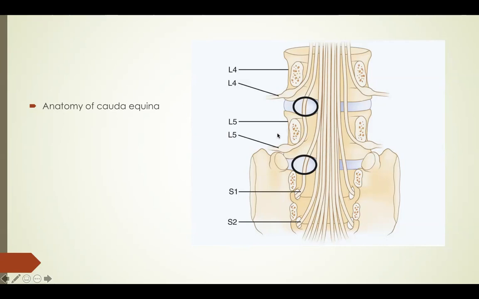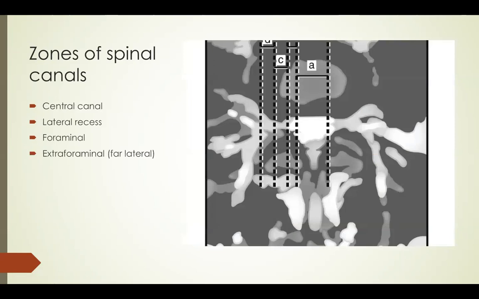And if you go outside the lateral wall of the pedicle, that's your extraforaminal. This is the same thing the figure is showing you here. From here to here is the central canal. This is your pedicle here. So here to here, this is your lateral recess. This is your foramen. If you go outside the pedicle, it becomes extraforaminal, which is far lateral. Okay.